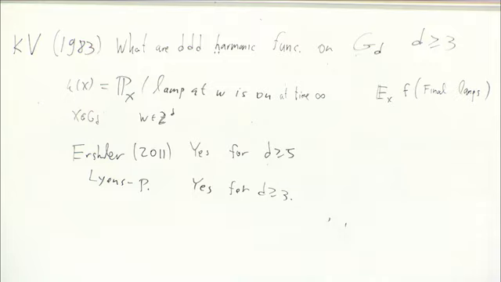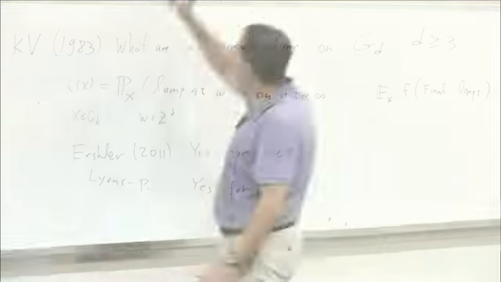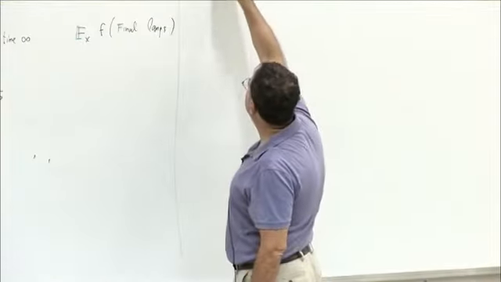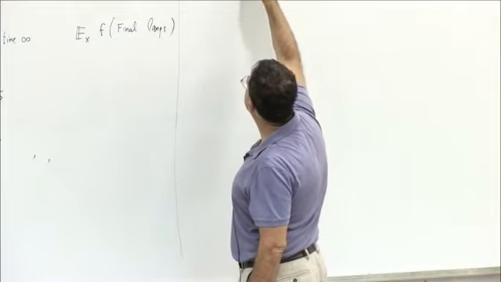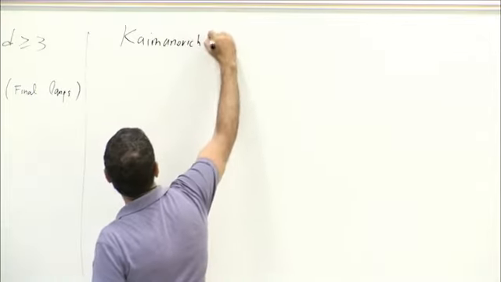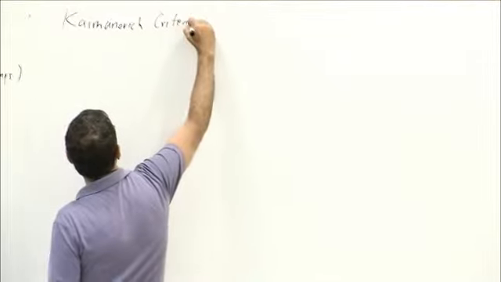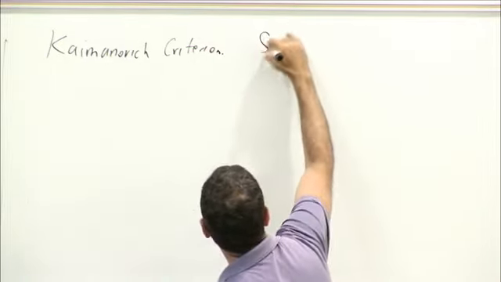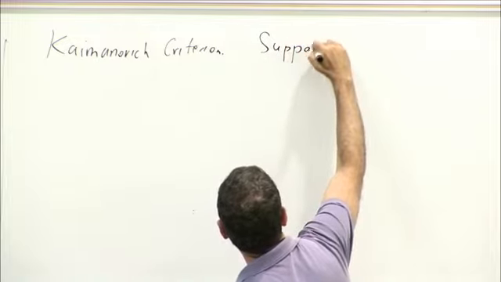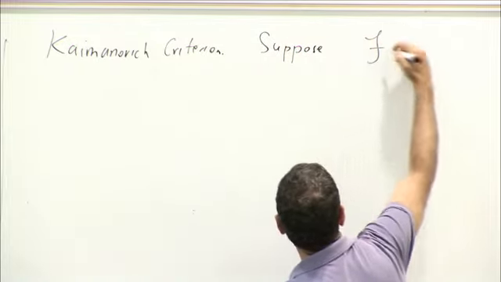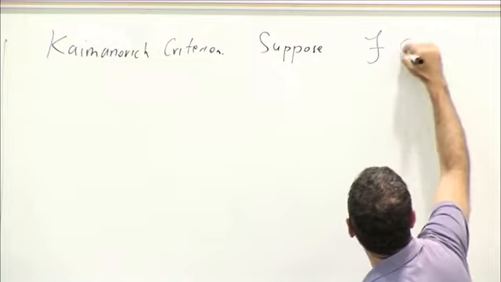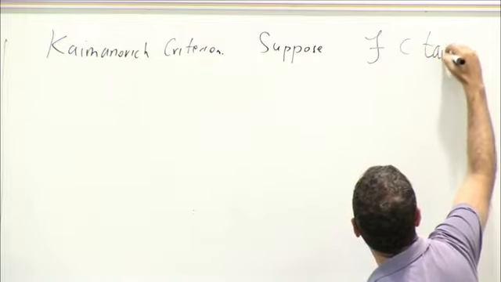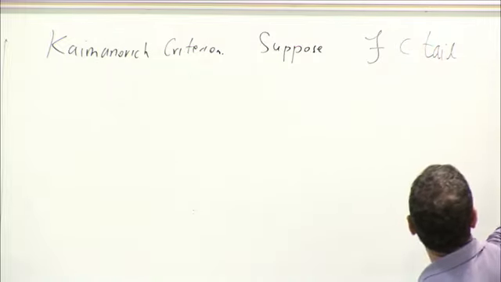So let me explain where this comes from. The key is the extension by Kaimanovich of this entropy criterion. So here is basically a Kaimanovich criterion. Suppose F is some sigma field contained in the tail and invariant under the group.